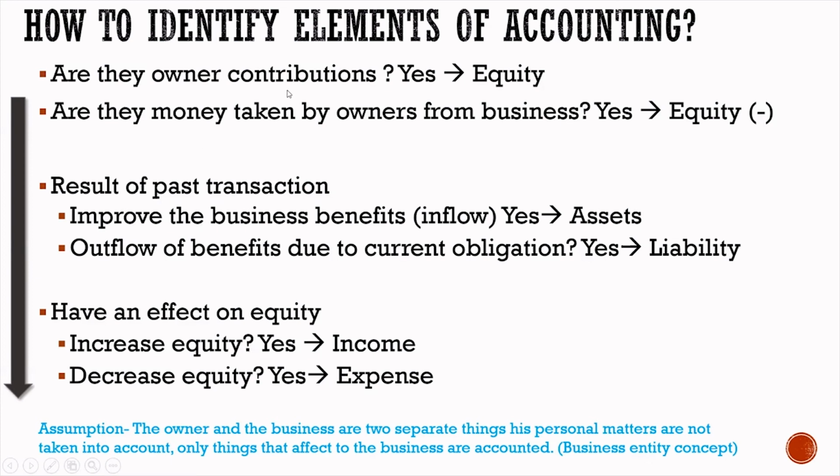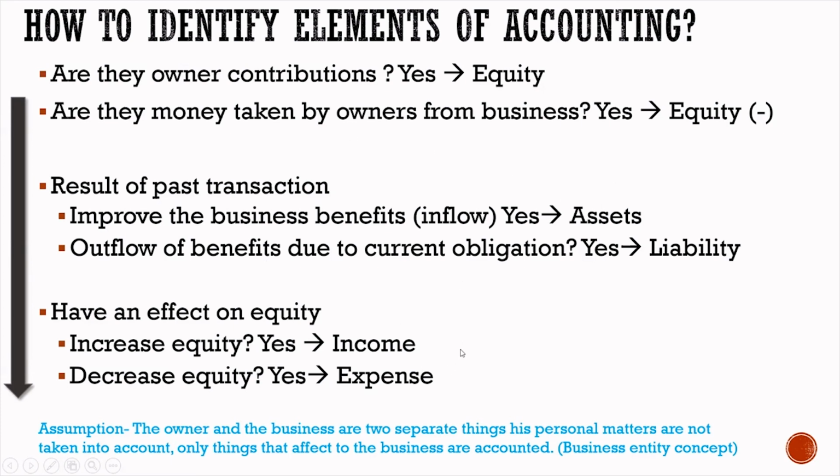So other than that, if these transaction has an effect on the equity, if the equity is increased but not because of the owner's contribution, yeah, they go for income. And also if it is reducing equity and that is not due to the owner taking money, it will be an expense. So I hope you understood how you have to decide whether they are equity, assets, liabilities, income, or expenses.